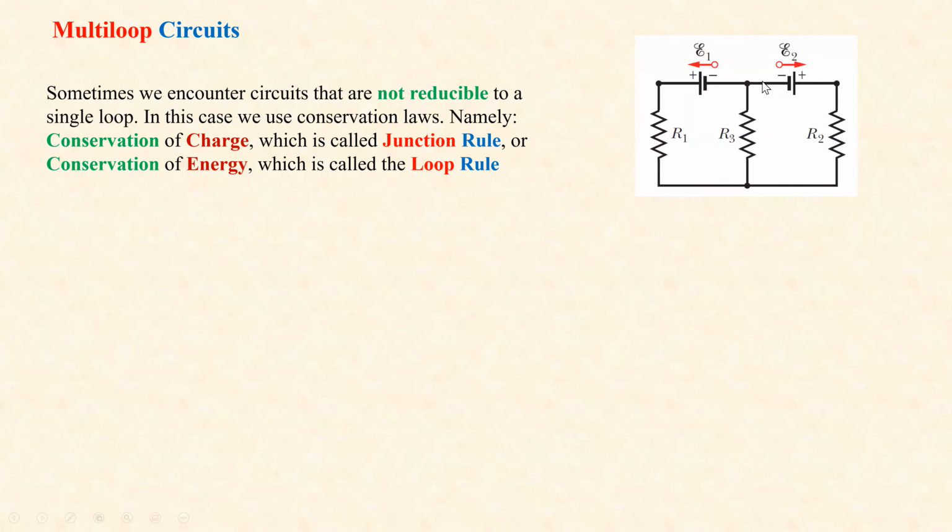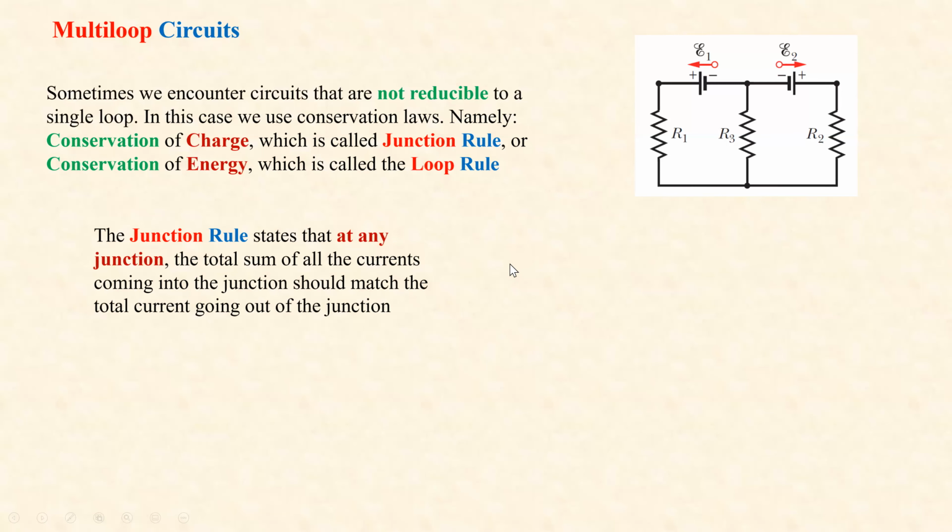For example, if you take a charge here and move it along the wire in one loop, then the electric potential energy gain and loss will balance to 0, because you go back to the same place. There's no change in potential energy at that point. That's why this is called conservation of energy. And conservation of charge is whatever charge comes here to this junction should go somewhere, either here or here.